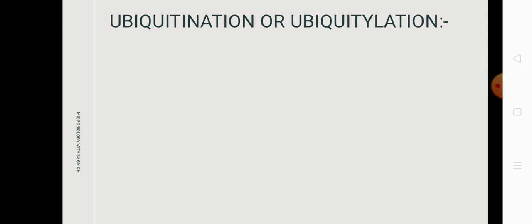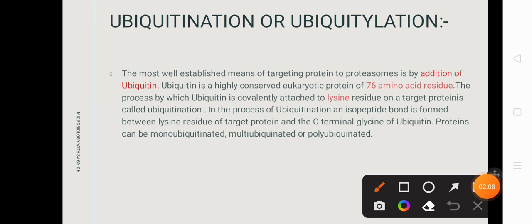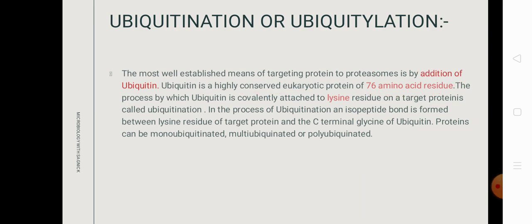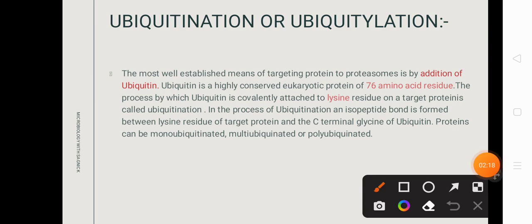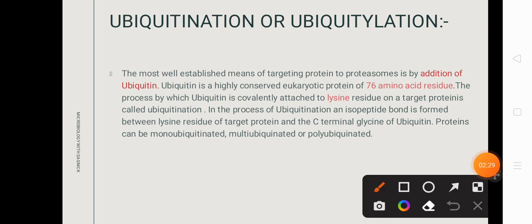First, ubiquitin is a highly conserved eukaryotic protein and consists of 76 amino acids. Now this ubiquitin will attach to the lysine residue of the target protein by its C-terminal glycine. And there are various types of ubiquitination that can occur to a particular protein.